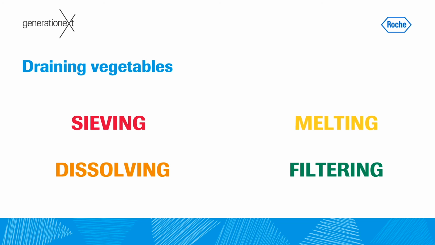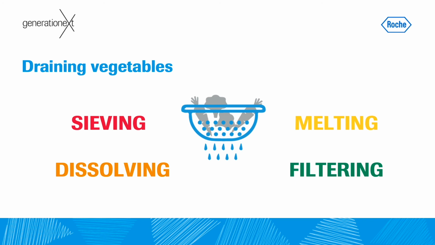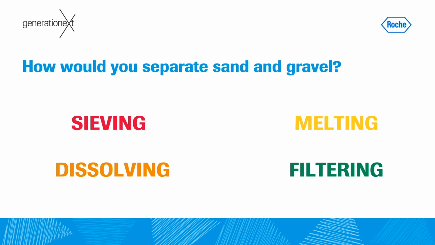Draining vegetables. What technique do we need? It's sieving. You can actually use filtering too. How about separating sand and gravel?